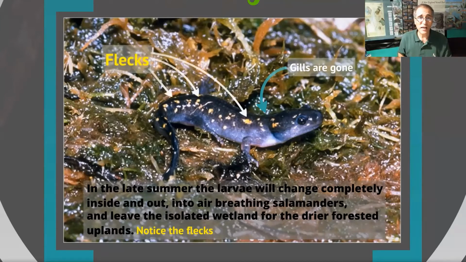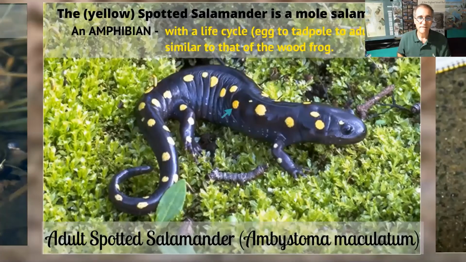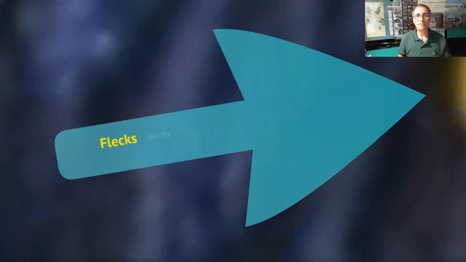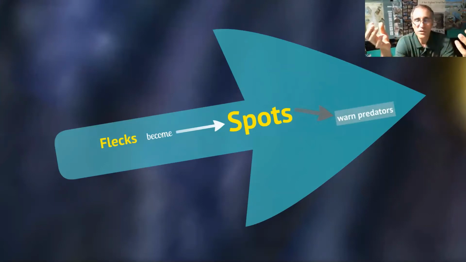Keep an eye on those flecks. Flecks become, as you can see in the adult, spots. The spots are, of course, warning predators, because why would you be camouflaged as a dull gunmetal blue or gray color with yellow spots?